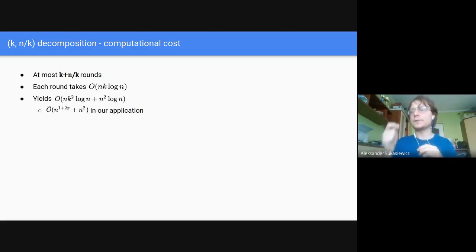For every round of our algorithm that ends with either removing a chain or an antichain, we make one binary search for every vertex at most, so it's nk log n. There are at most k plus n over k rounds because we cannot extract more. So in our application, this gives us n to the 1 plus 2x plus n squared time.